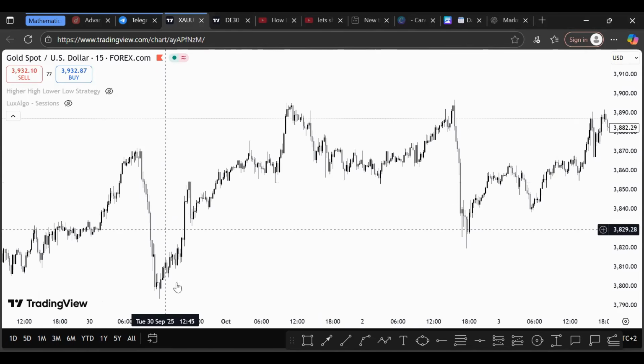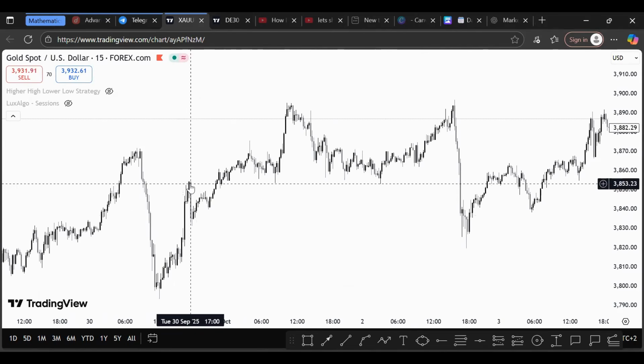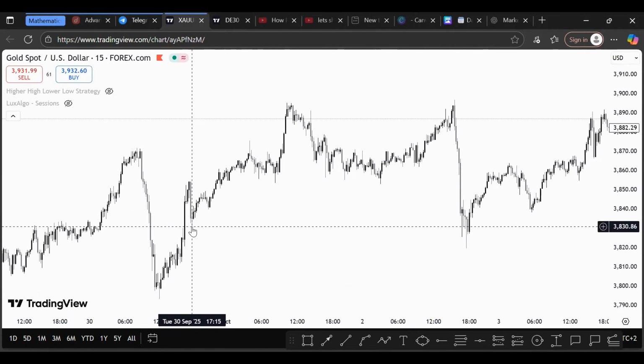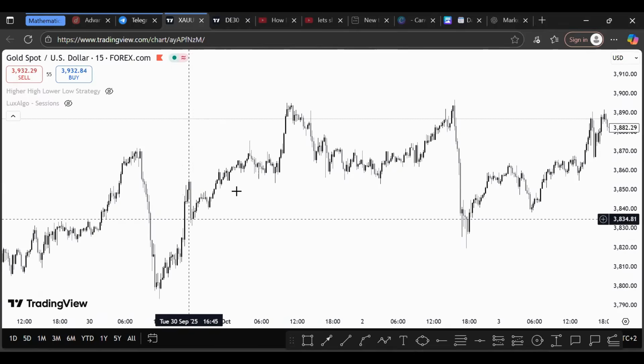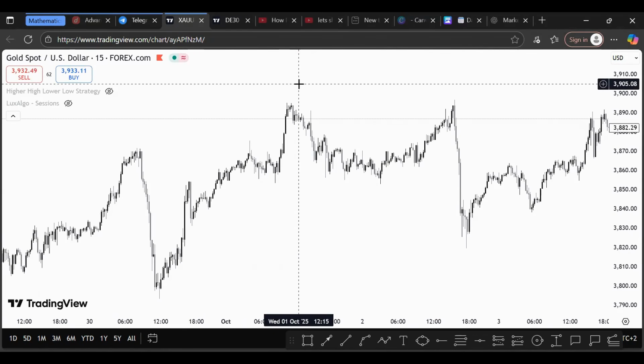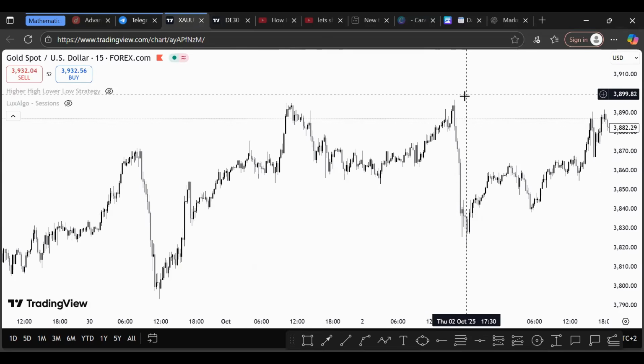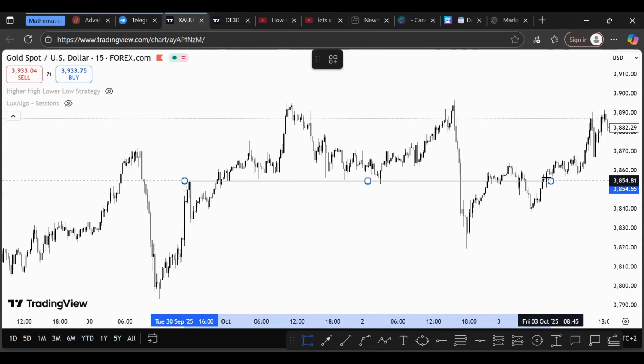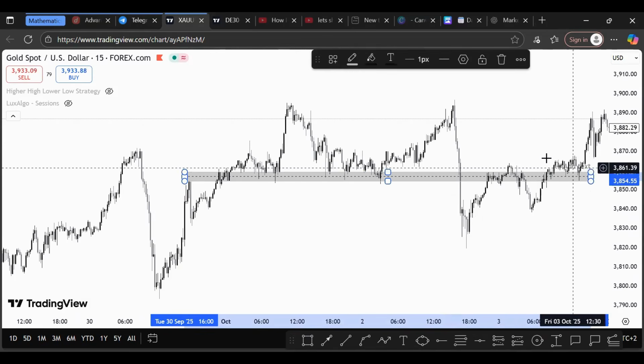Price came to this level and slowed down. Why? Price came to this level and then shot up. Why? It came to this level again and shot up. Why is this level important? You mark it off: okay, this level seems to be important.